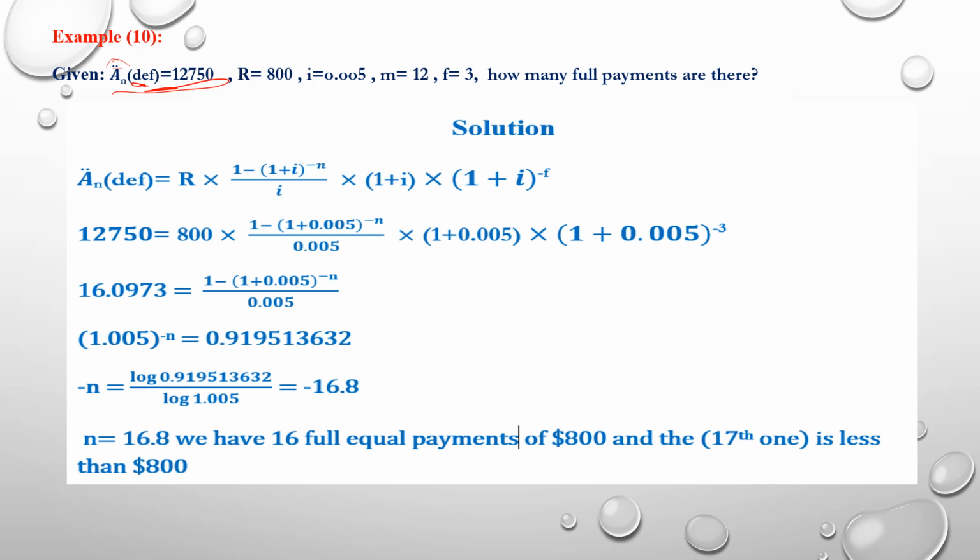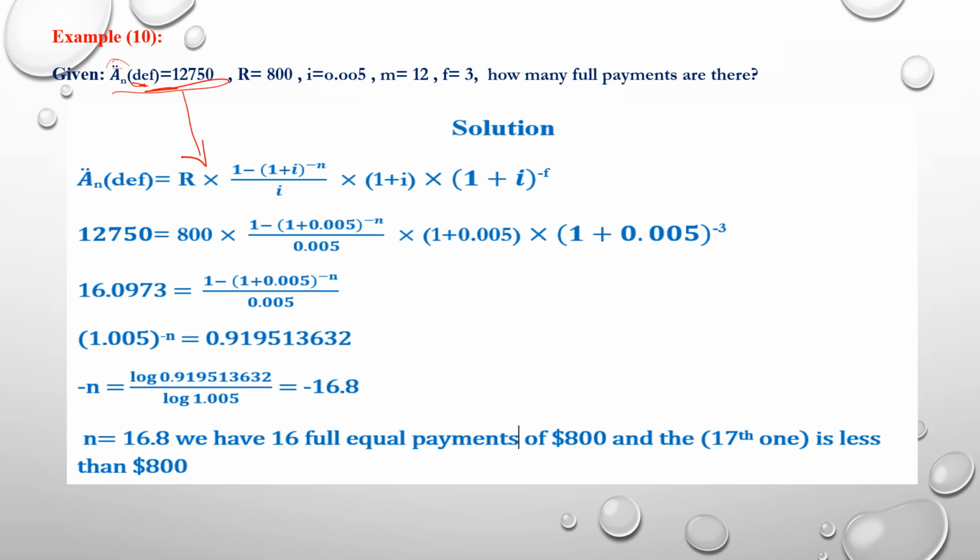So this is the present value of a deferred annuity due, and the formula of the present value of a deferred annuity due equals r times (1 minus (1 plus i) to the power of minus n) over i, times (1 plus i), times (1 plus i) to the power of minus f. Again, you can get back to the example and see what you have and substitute in this formula.